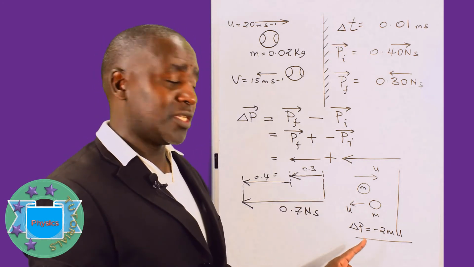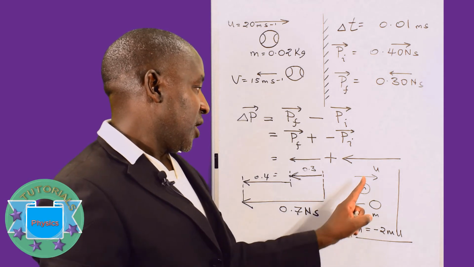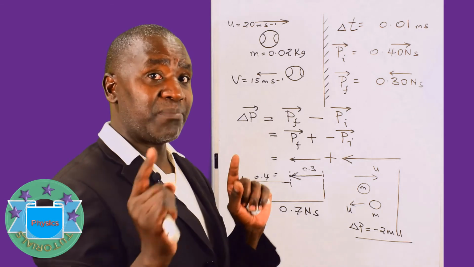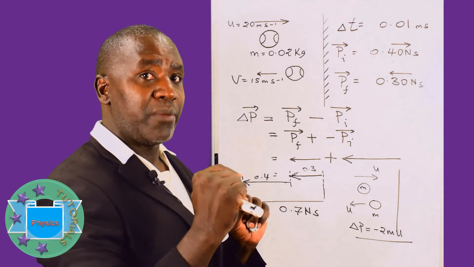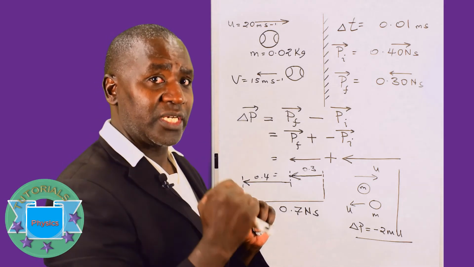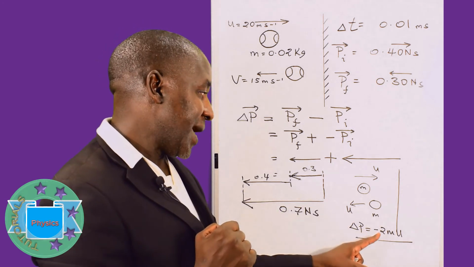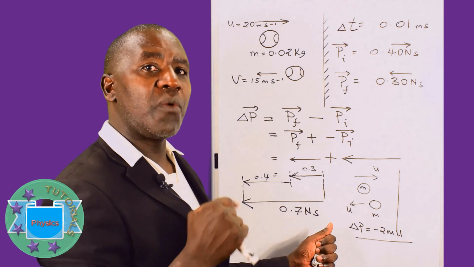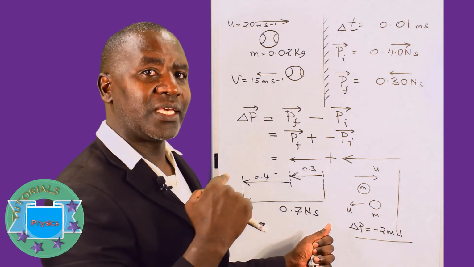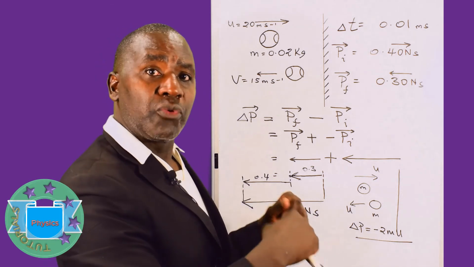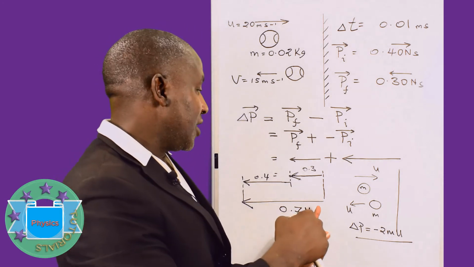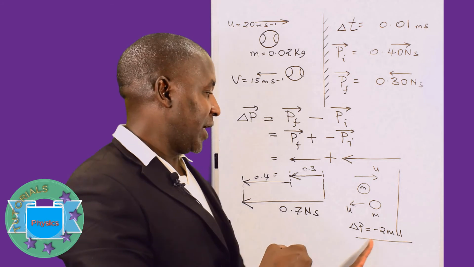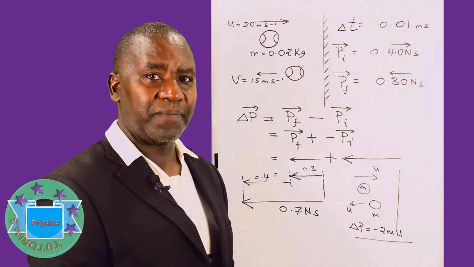It comes about because here we've got the final momentum and the initial momentum, they've got the same magnitude, mu in each case. And then when you add them, you find that they point in a direction which is opposite to the direction in which you are taking momentum to be positive, because anything to the right is positive. It follows that anything to the left is negative.